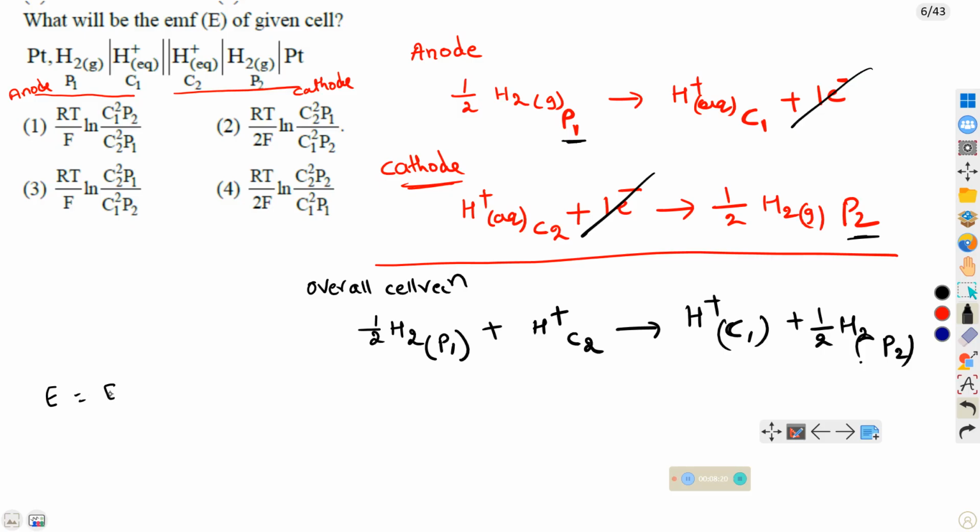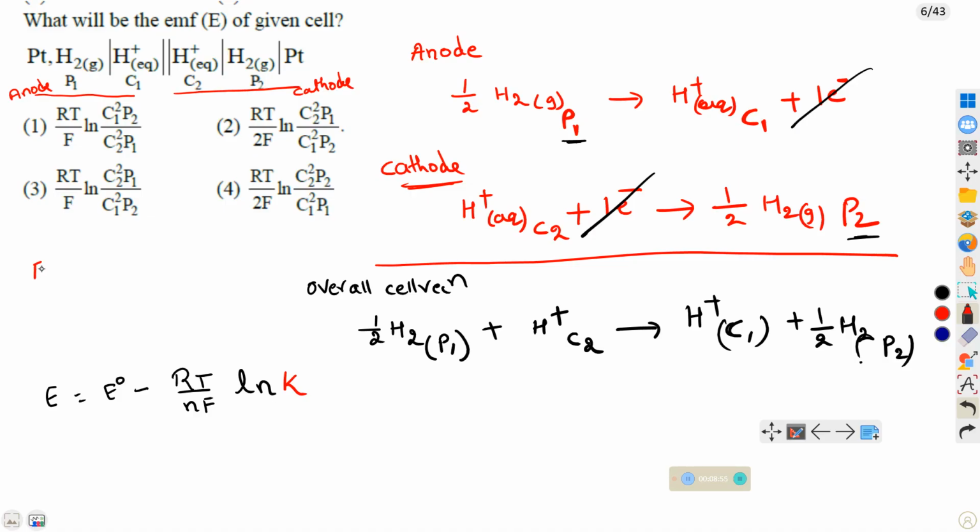E is equal to E naught minus RT by NF ln Q, or ln K if the reaction is in equilibrium, where K is the equilibrium constant, products by reactants formula.